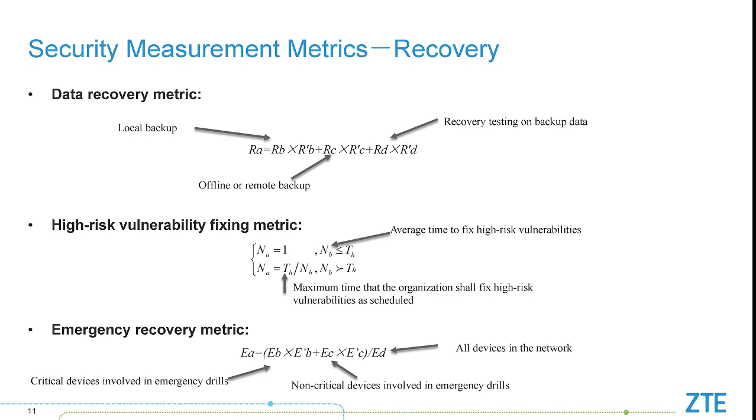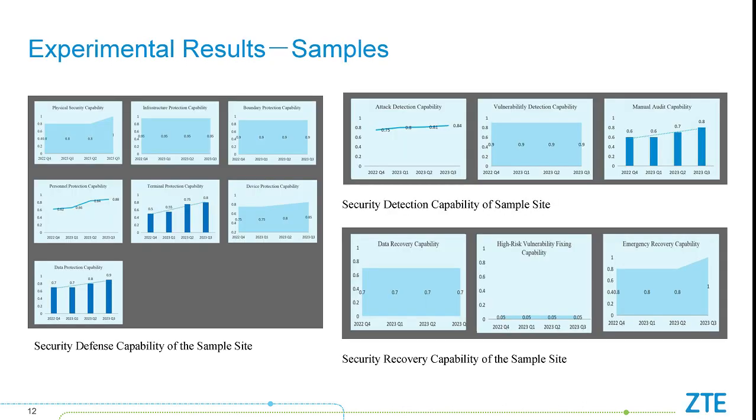Otherwise, we calculate the metric by dividing the threshold by the maximum time. And also we have the emergency recovery metrics. We divide our devices into the critical ones and the non-critical ones. Each of them has different weights in the evaluation. So these are the indicators we use to perform the measurement of the security level.